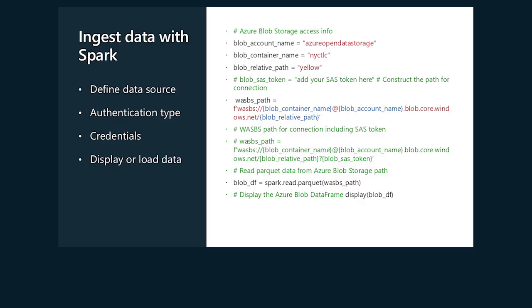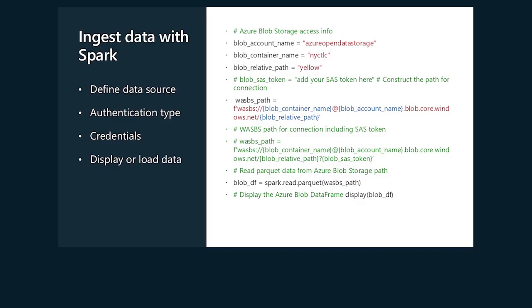This example shows how to connect to data held in our Azure Open Dataset, which doesn't require a SAS token. To connect to your own data, you will need to generate a SAS token and then add it to the code in the appropriate places indicated here in the comments. The next statement includes a placeholder for the blob SAS, or shared access signature token, that provides secure access to the blob.